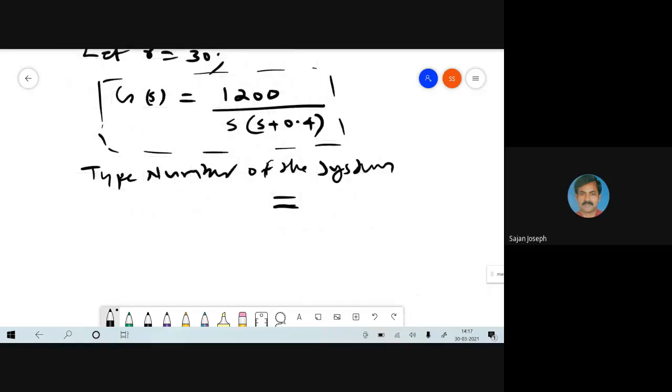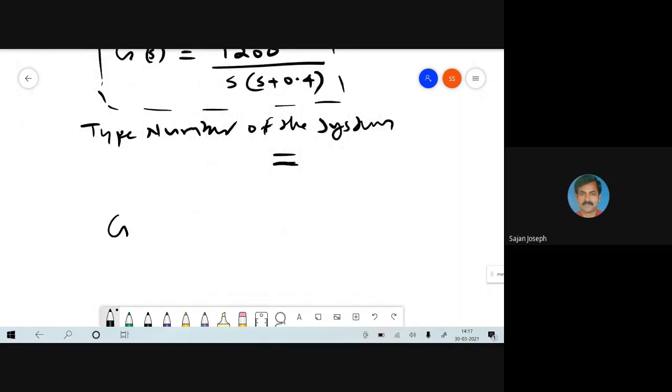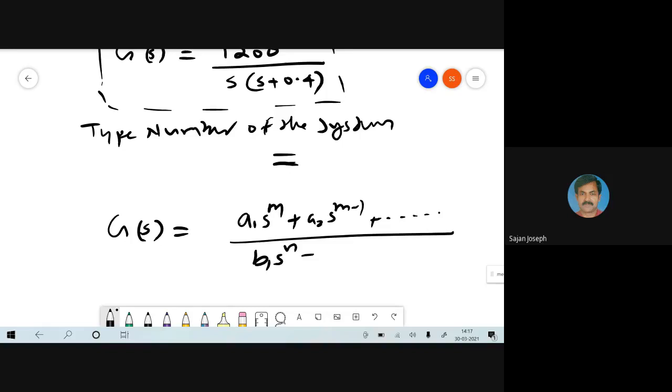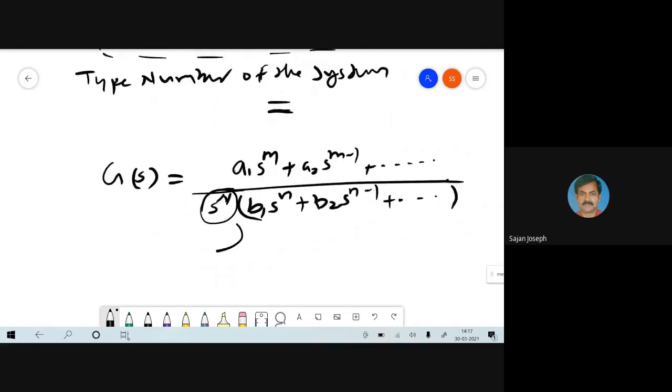What is meant by type of a system? If you have an open loop transfer function G(s) equal to some numerator polynomial, a1 s raised to m plus a2 s raised to m minus 1 plus etc., divided by b1 s raised to n plus b2 s raised to n minus 1 plus etc., and if there is an isolated term s raised to n, then n is called the type number of the system.